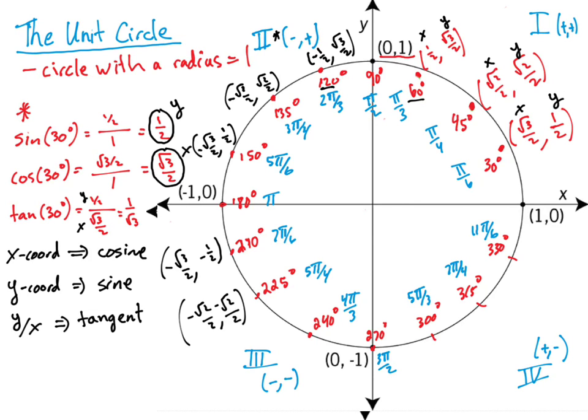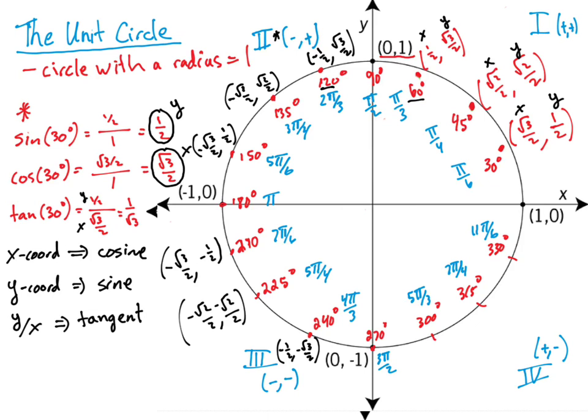Similarly, 240 is a reflection of 60 degrees, where both coordinates are negative. At 270 degrees, or 3 pi over 2, the coordinates are 0, -1, so 0 on the x, -1 on the y.